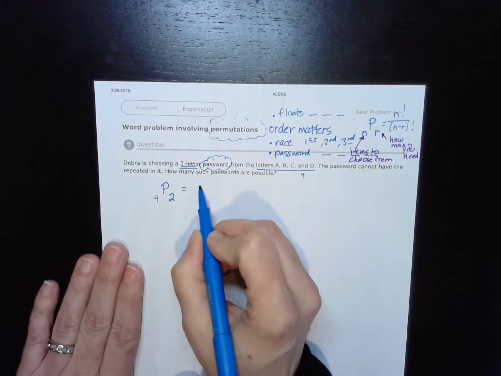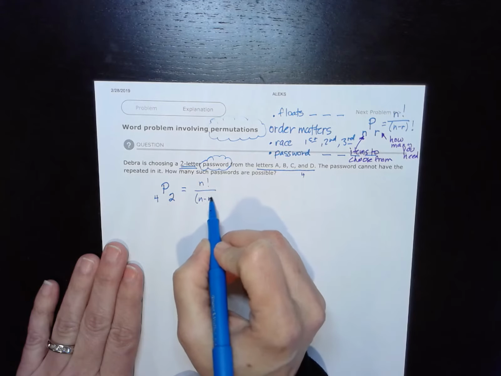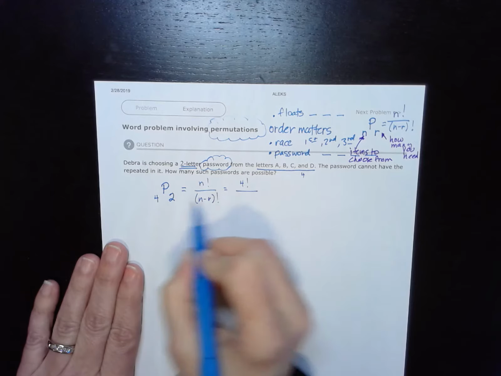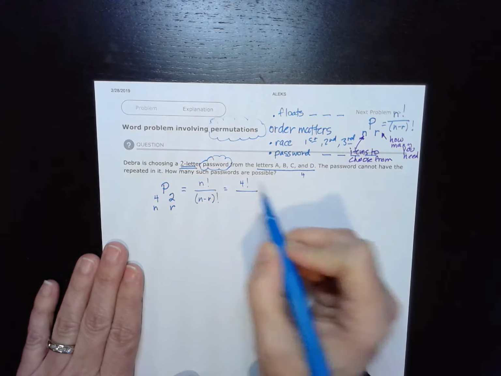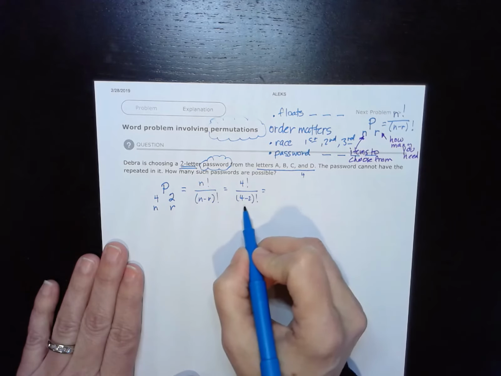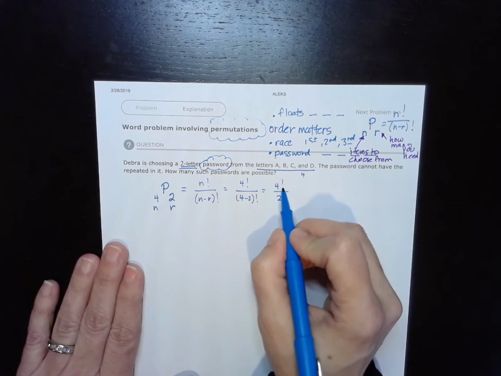So my formula says that I'm supposed to take n factorial over n minus r factorial. So that would be 4 factorial because this is your n, here's your r, and then 4 minus 2 factorial. And 4 minus 2 factorial is 2 factorial.